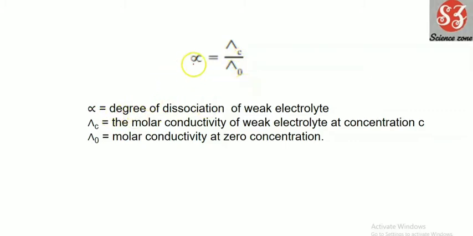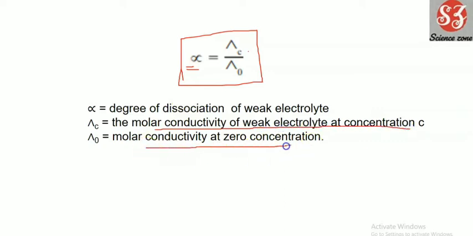So, always remember, degree of dissociation of weak electrolyte is equal to molar conductivity of weak electrolyte at given concentration divided by molar conductivity of the same electrolyte at zero concentration. So this will give you the degree of dissociation.